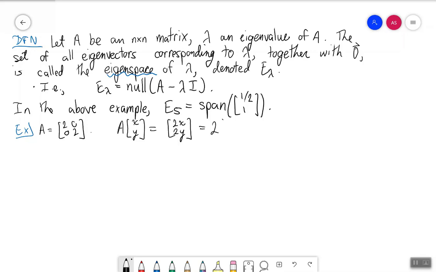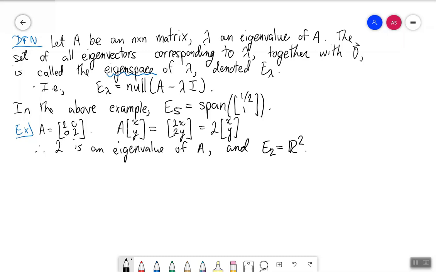But that's the same as 2 times (x, y). It's 2 times our original vector. So therefore, 2 is an eigenvalue of A, and its eigenspace, E2, is equal to all of R2, because this works for any x and any y.